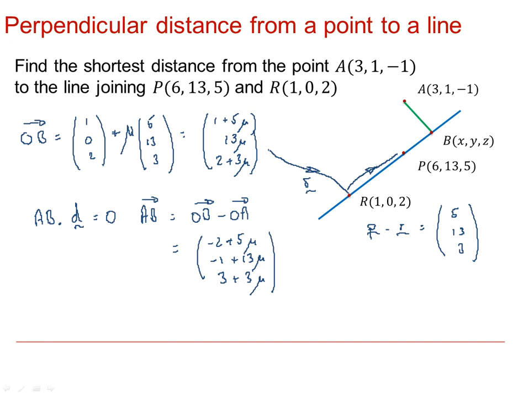This is the vector for AB, so we want that dotted with the vector for the direction D. So we need to take this one, (negative 2 plus 5 mu, negative 1 plus 13 mu, and 3 plus 3 mu), and dot that with the direction vector for the line, which is (5, 13, 3).